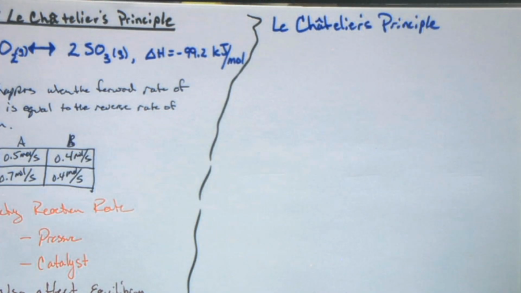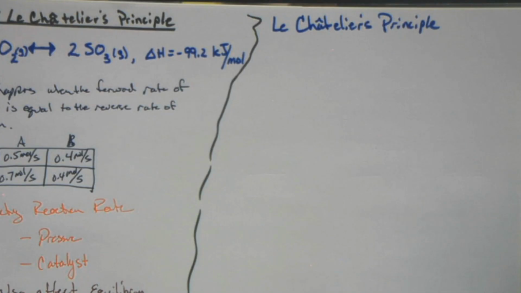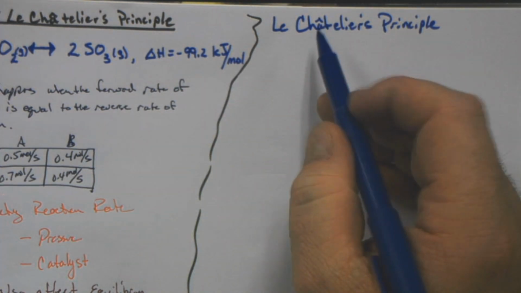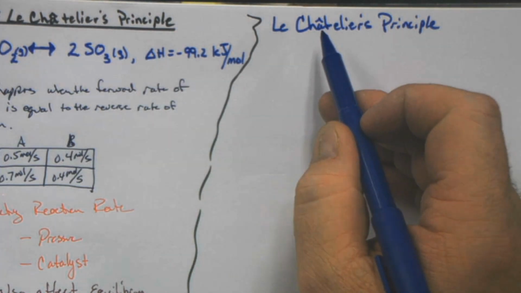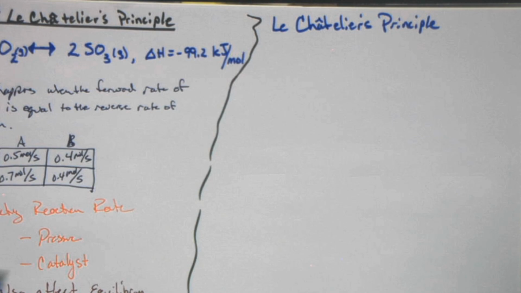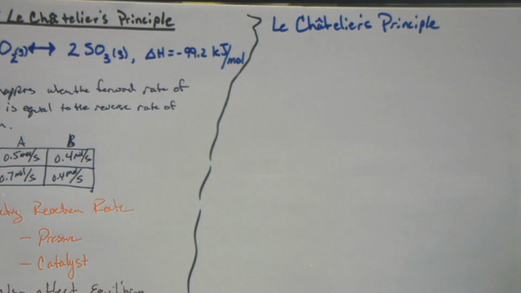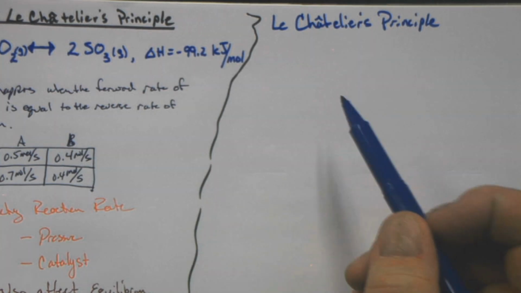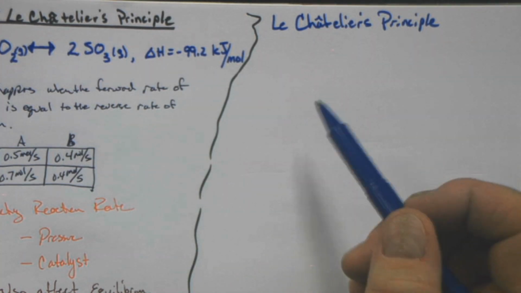Okay, Le Chatelier, with an accent circonflexe sur le A. It's a name in French, Joseph.